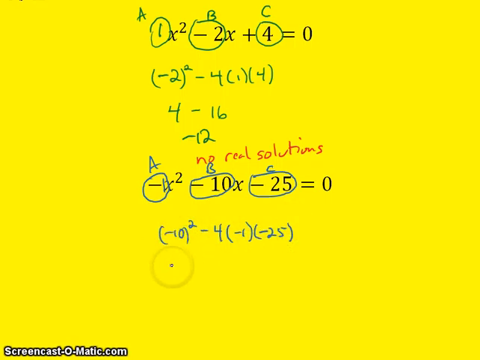Negative 10 squared is 100. 4 times negative 1 is negative 4 times negative 25 is positive 100. So we have 100 minus 100, which is 0. That means there's one solution. Because the discriminant is 0, there is one solution.